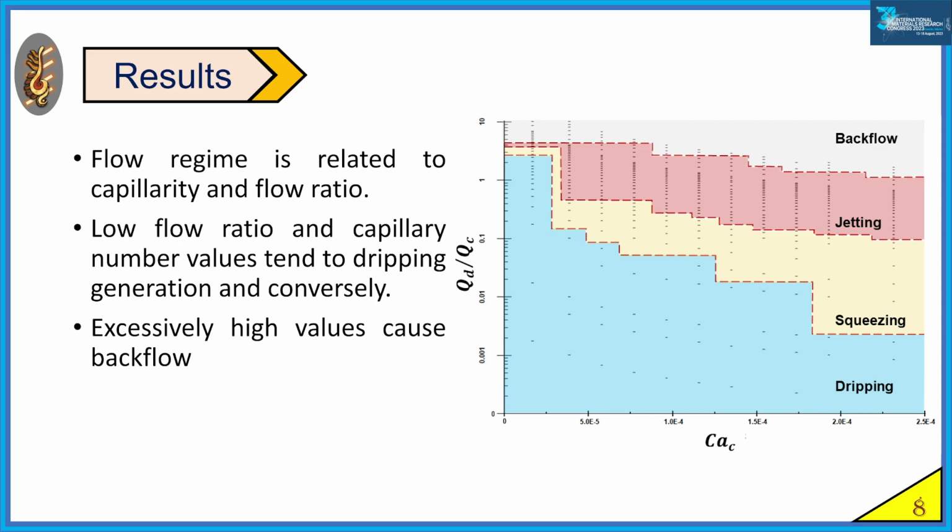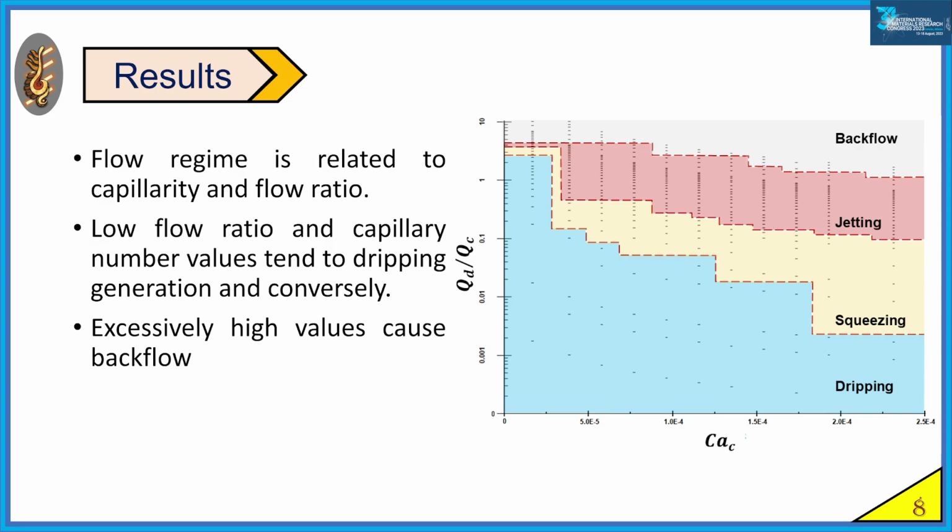The flow regimen is shown to be related to capillarity and flow ratio. Low values of flow ratio and capillarity number tend to dripping generation, and conversely, higher values of flow ratio and capillarity number will always cause backflow in the microchannel. In the graph, we can see the ratio QD and QC and the continuous capillarity number.